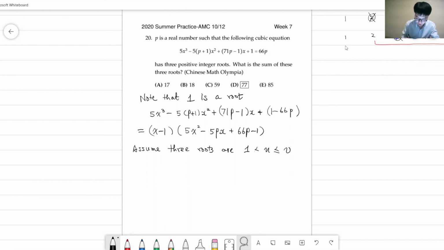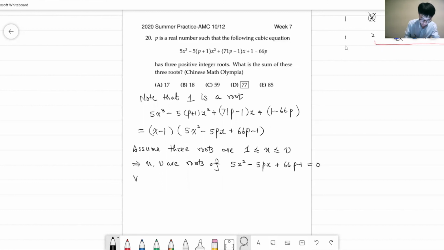So let's assume 1 less equal to u less equal to v. And so u and v are roots of this quadratic equation: x squared minus 5px plus 6p minus 1 equal to 0.